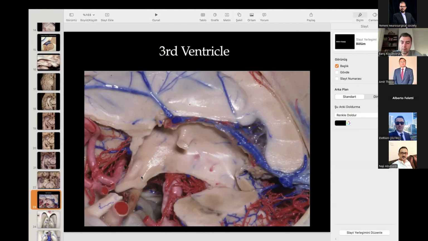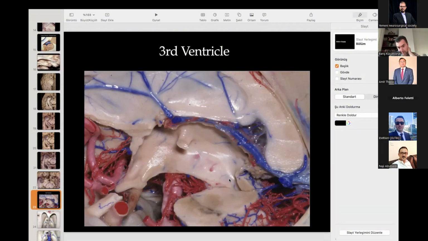The floor of the ventricle is formed after the infundibular recess. We don't see them here in detail, but there is first the tuber cinereum, and just next to it, just superior to the basilar artery, there will be the mammillary bodies.